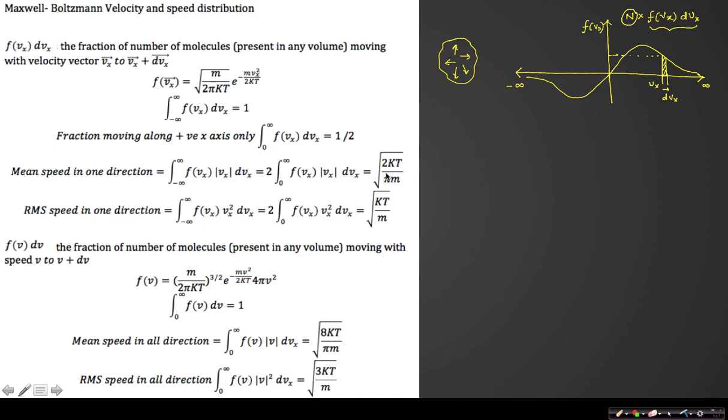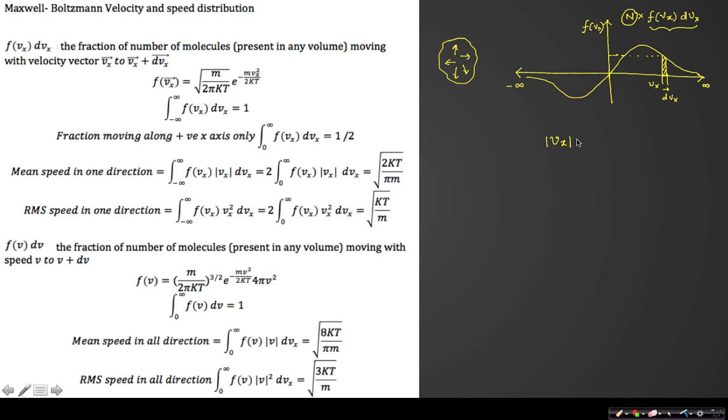Now if I ask you what is the mean speed in that particular direction, I can say that all the gas molecules lying between Vx and Vx plus dVx have speed Vx. So what is the number of gas molecules with this speed Vx? I will multiply N with f of Vx dVx. This is the number of gas molecules that are moving with Vx.